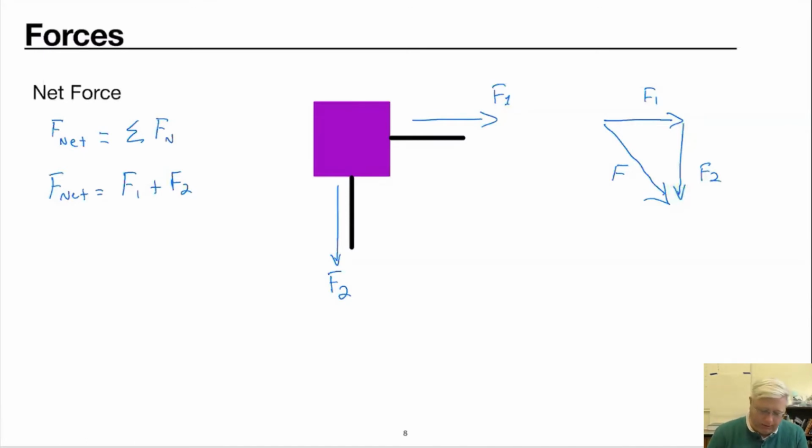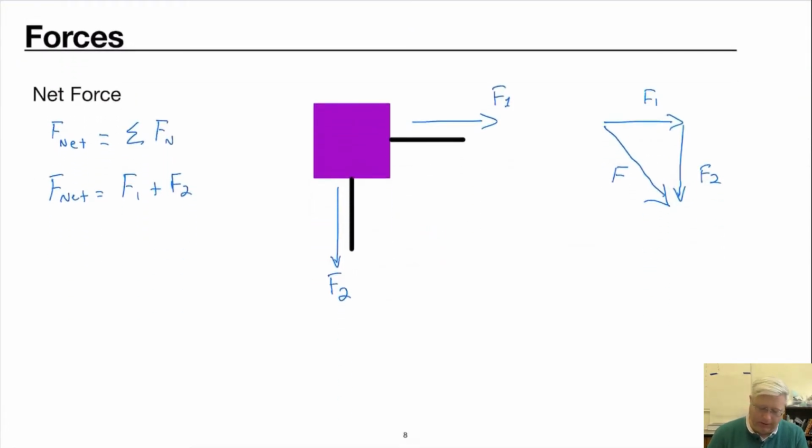All right, so let's say the top force, I'll call this F1 equals 3, F2 equals 4. How could we symbolize that mathematically? Well, this could be 3i hat plus 4j hat.